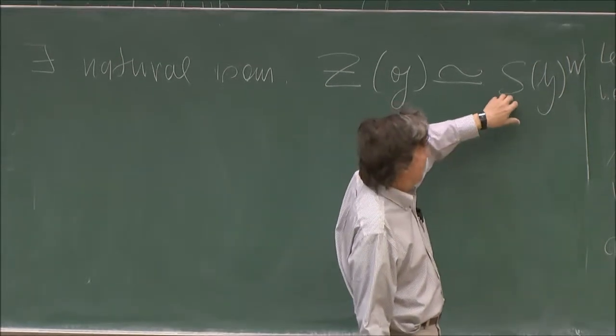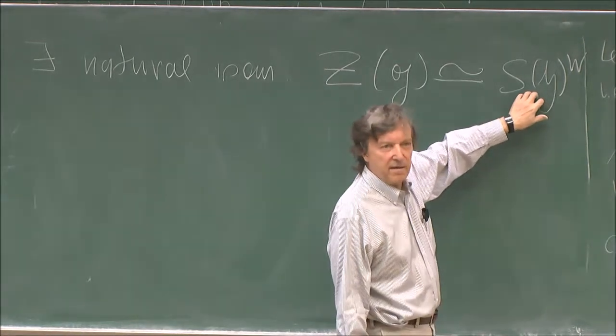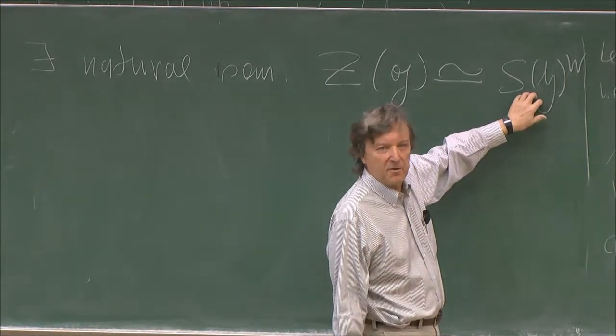And then there are well-known algebraic results which say that this is a polynomial algebra over C.